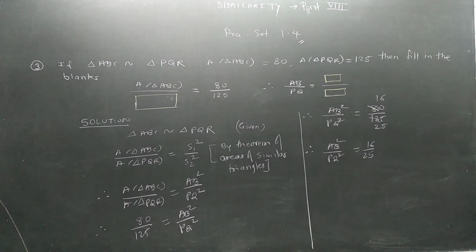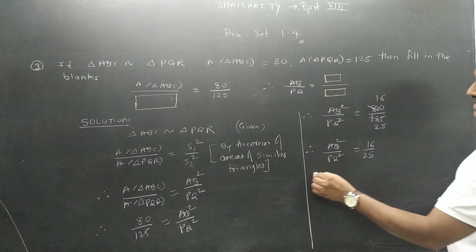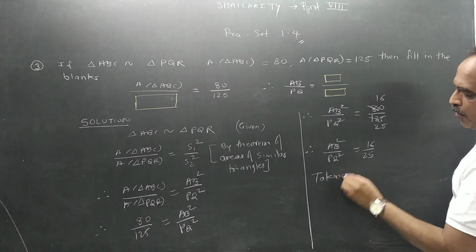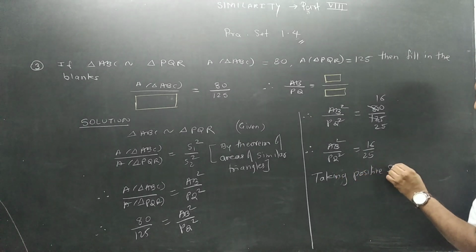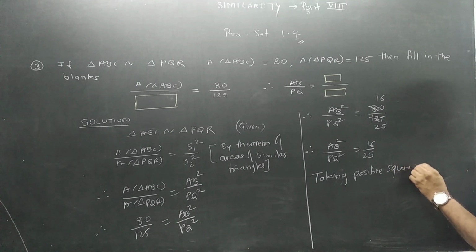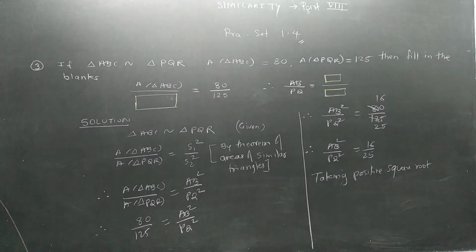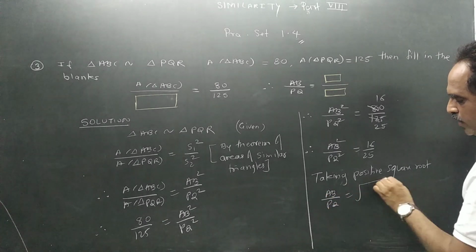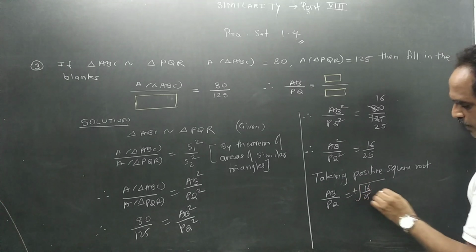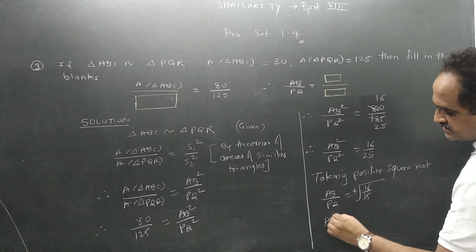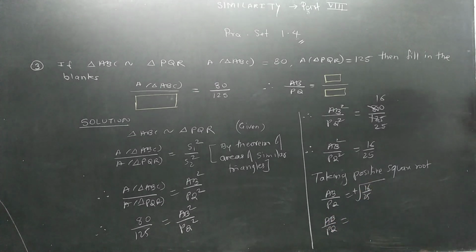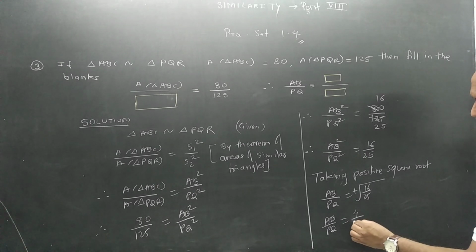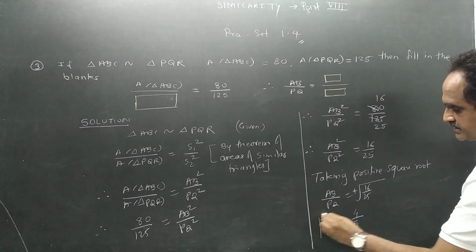As they are the lengths of the sides, we can write, taking the positive square root, because this length cannot be negative, AB upon PQ is equal to the positive root of 16 upon 25. So we are getting the answer AB upon PQ is equal to, see, square root of 16 is 4 and square root of 25 is 5. So we got this answer.